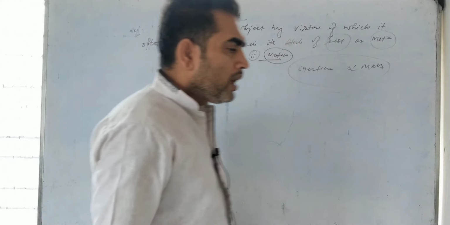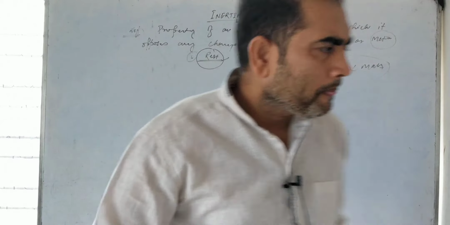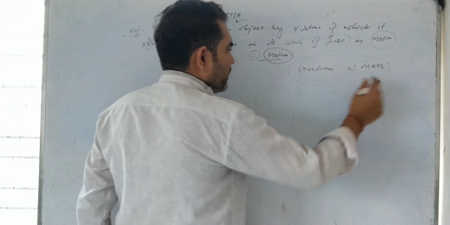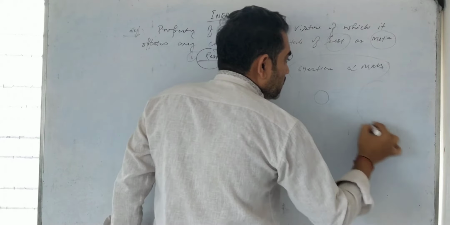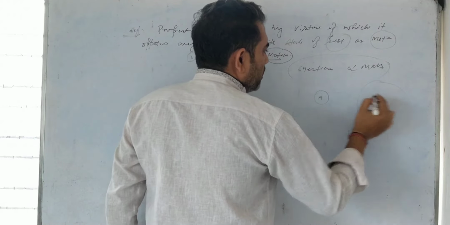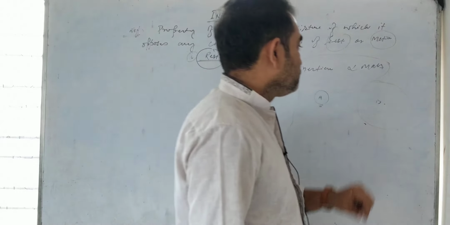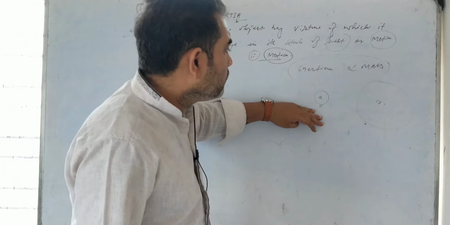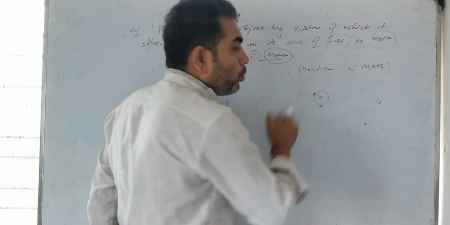We can understand this by a simple example. Suppose we have a stone of this size, and we have another of this size. We have two stones, stone A and stone B, or any two objects, in a static position. To move stone A, we have to apply a little force. Why?